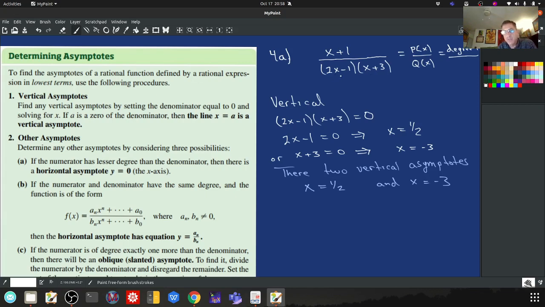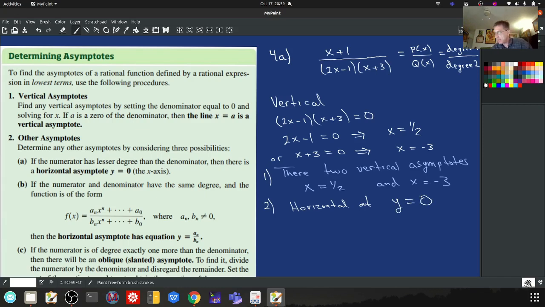The product of 2 linear factors is always degree 2. So this says, if the numerator has lesser degree than the denominator, then there is a horizontal asymptote at y is equal to 0. So we found 1, and the next one, horizontal at y is equal to 0.